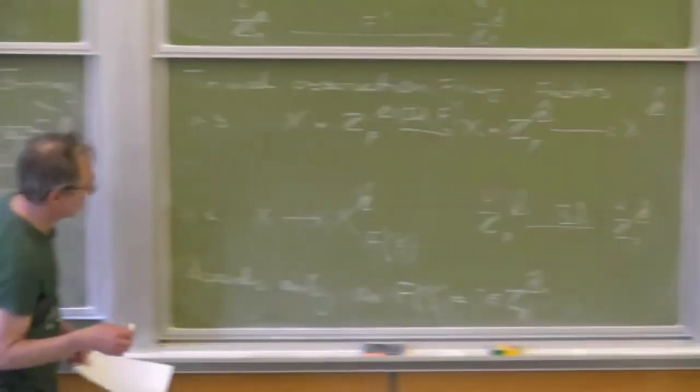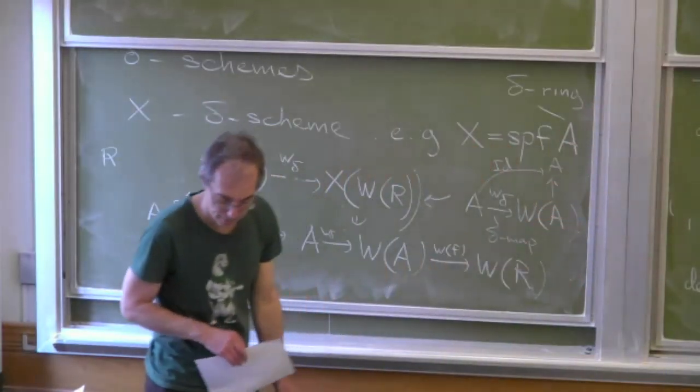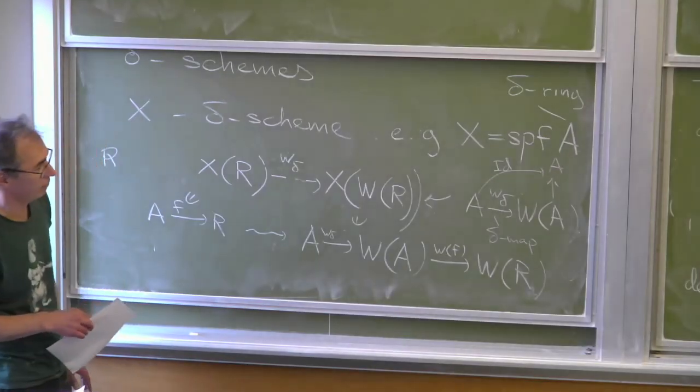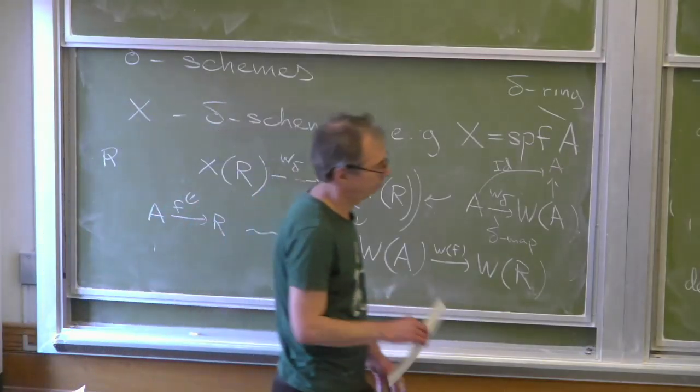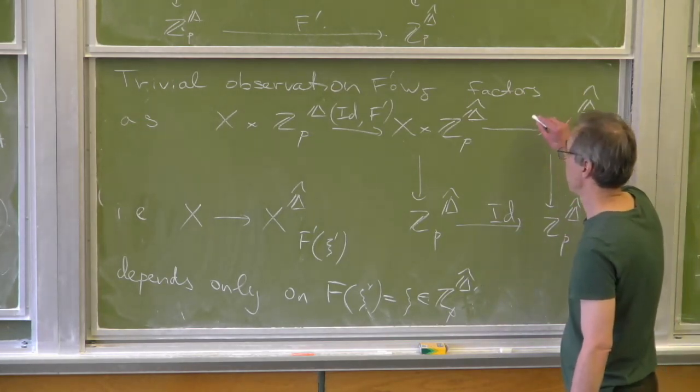Okay. So a priori, you claim that there is a canonical map from X cross CP prism sheared.